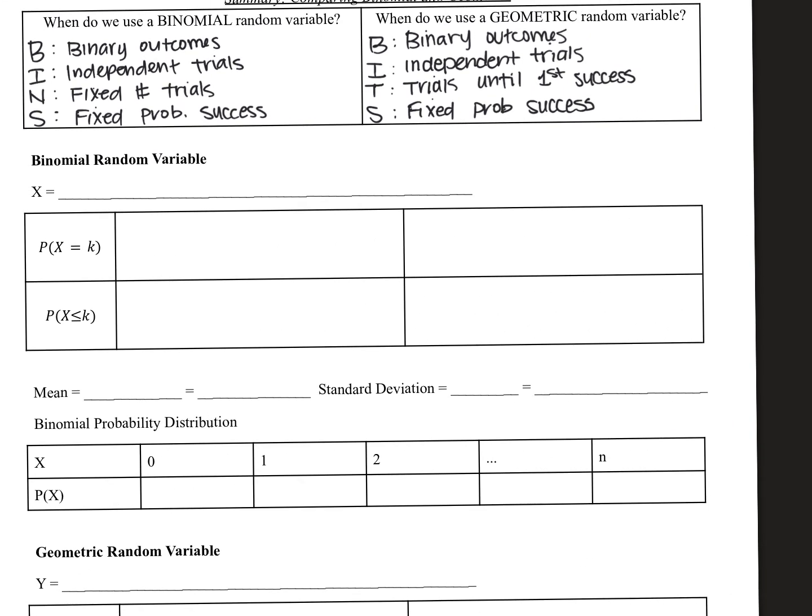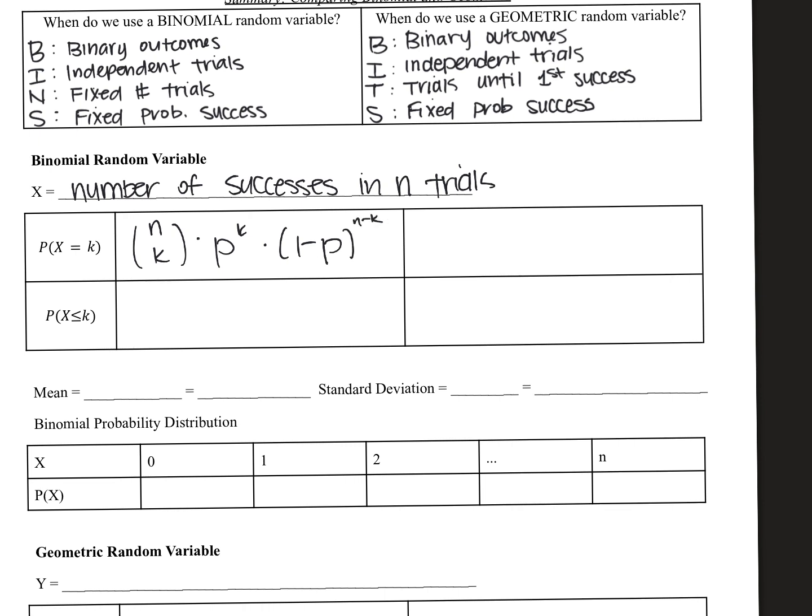With binomial distributions, x equals the number of successes in n trials. Our formula is n choose k times p to the k times 1 minus p to the n minus k. Or we can use binomial pdf with n, p, k. If we're looking at x less than or equal to k, we could do each event independently, but I prefer the summation.